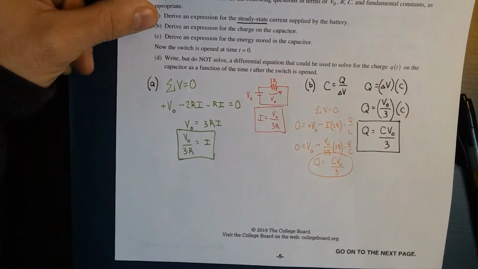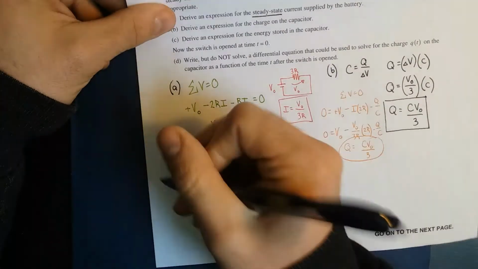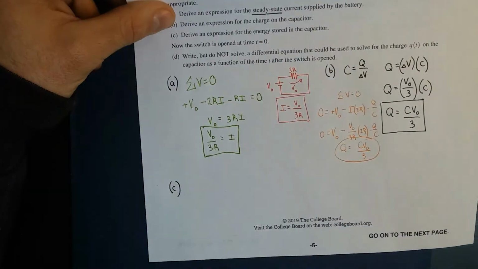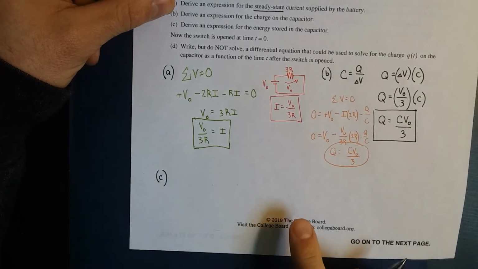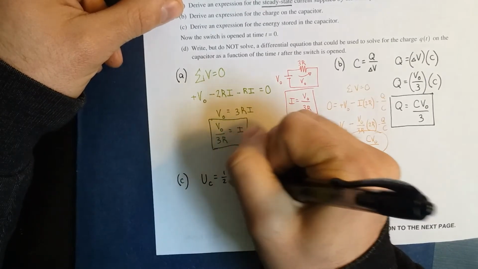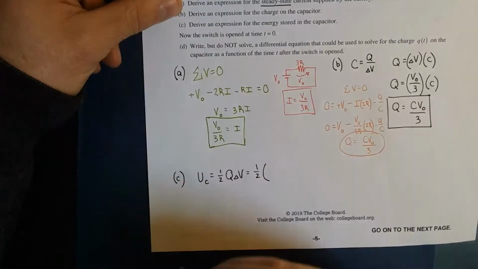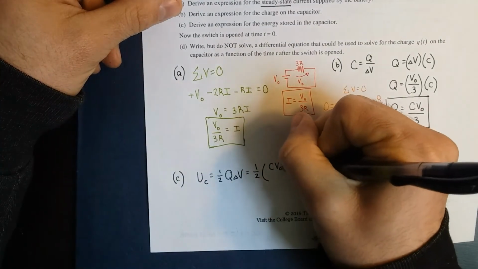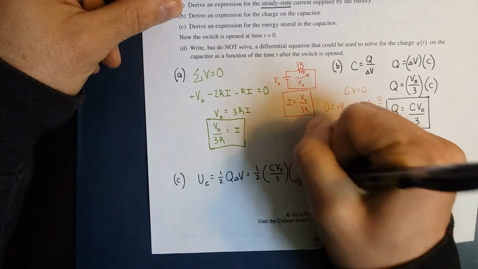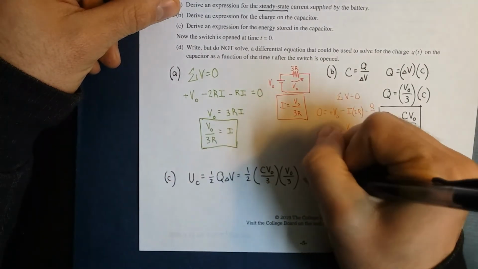And then C, how much energy is stored in the capacitor? No problem at all. The potential energy of a capacitor is 1/2 Q delta V. And Q we already know is C V naught over 3. And delta V we already know, which is V naught over 3.